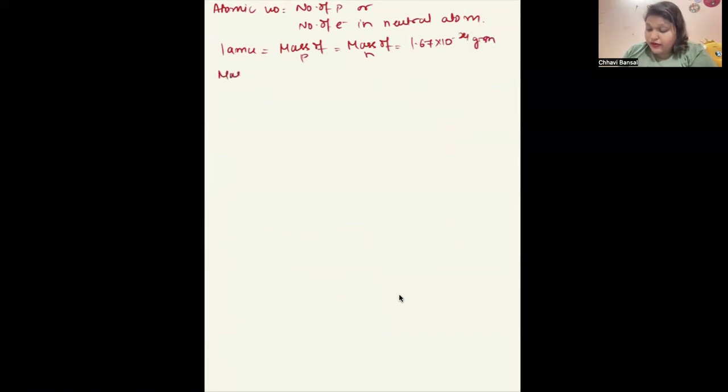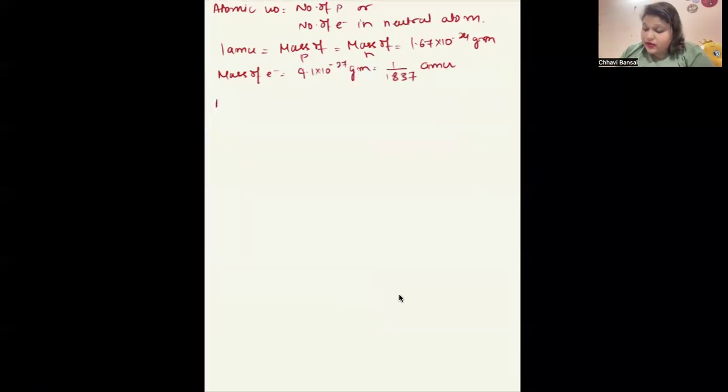Then mass of an electron is equal to 9.1 into 10 raised to power minus 27 grams, which is equal to 1 by 1837 AMU. Now I can use it as AMU, right?